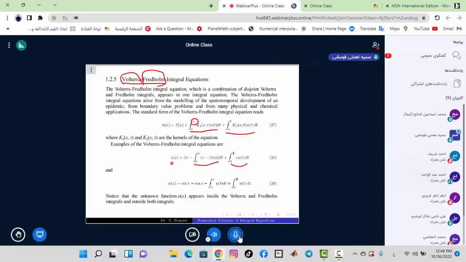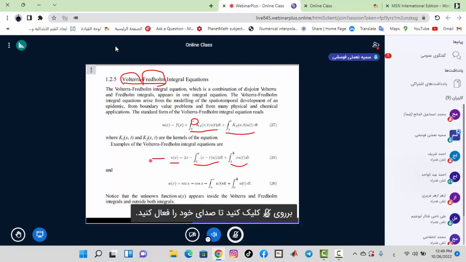When you say second kind, it means that the unknown function, which is u here, appears outside and also inside the integral sign. Since you have this function in these two situations, this is second kind, because the unknown function u is seen outside the integral and also inside the integral sign. This is second kind.